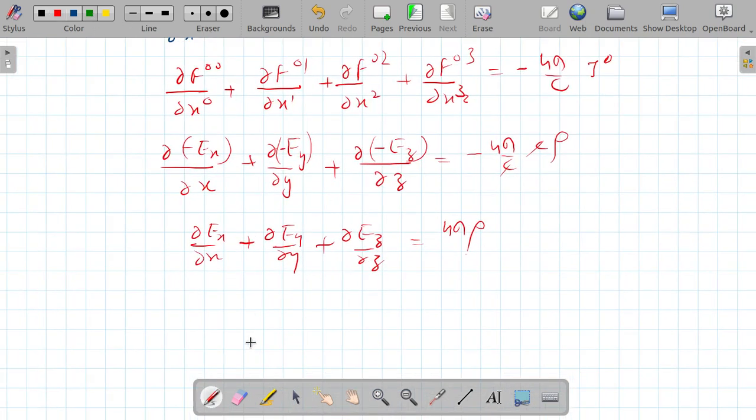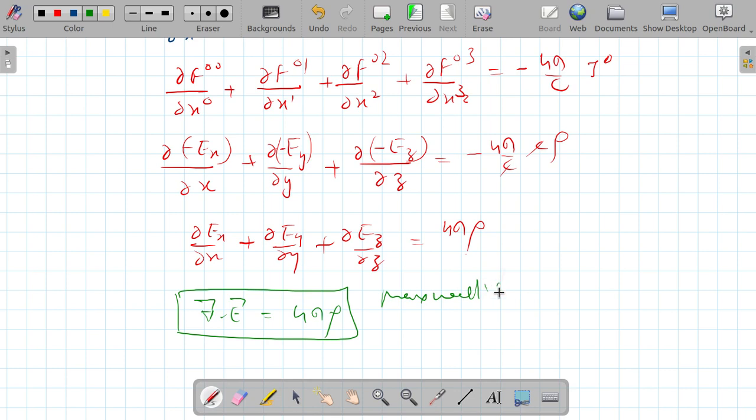That means this leads to the equation ∇·E is equal to 4πρ. This is also Maxwell's equation.